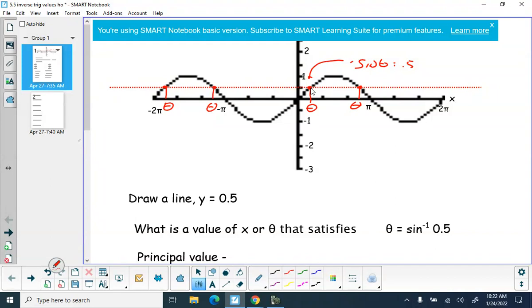What we want to calculate are these values of theta, so that when we take the sine of this angle theta, we get a value of 0.5. We have 4 specific values on this graph, but there's an infinite number of values that make the sine of theta equal to 0.5. We have just 4 of them up there right now. The question is, how do we find these values?